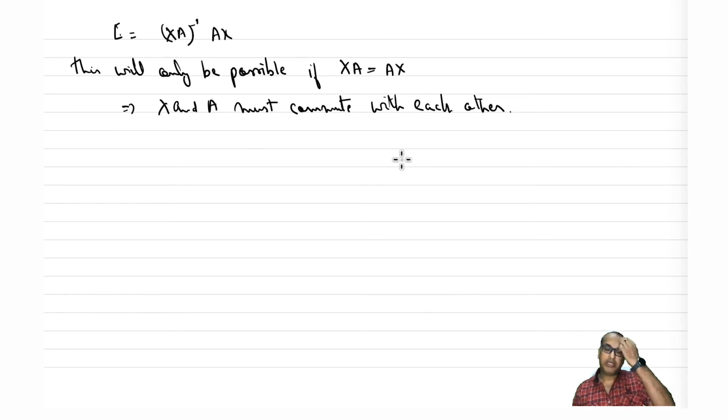That means you must have an element X which commutes with the element A to prove that A is self conjugate.